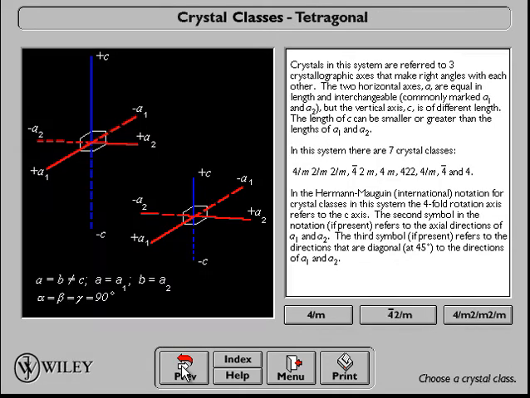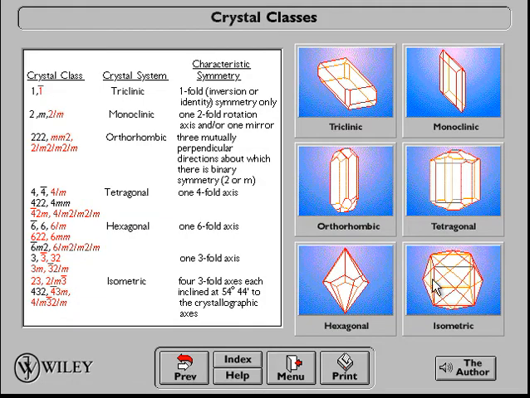Going back to our next example, we are now talking about the hexagonal crystal. The hexagonal crystal has as a characteristic symmetry at least one 6-fold axis.